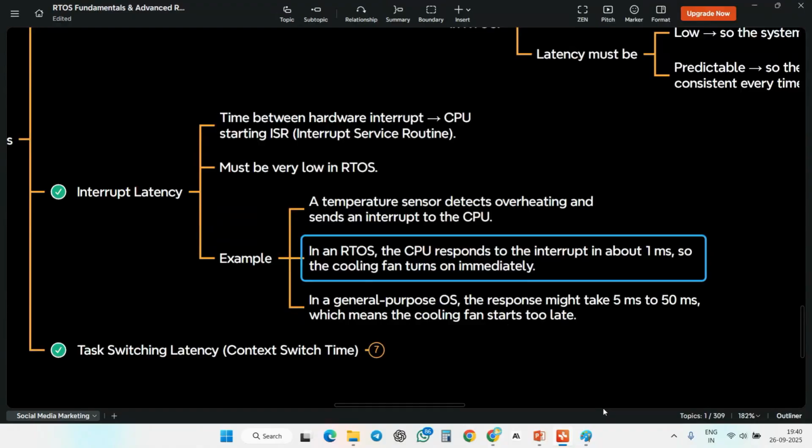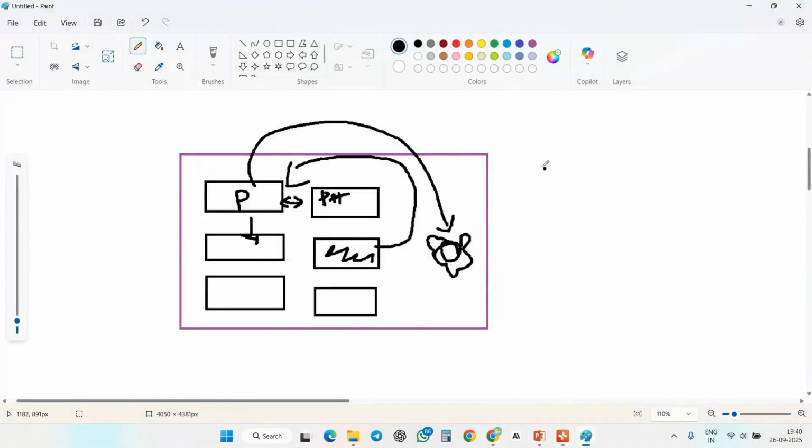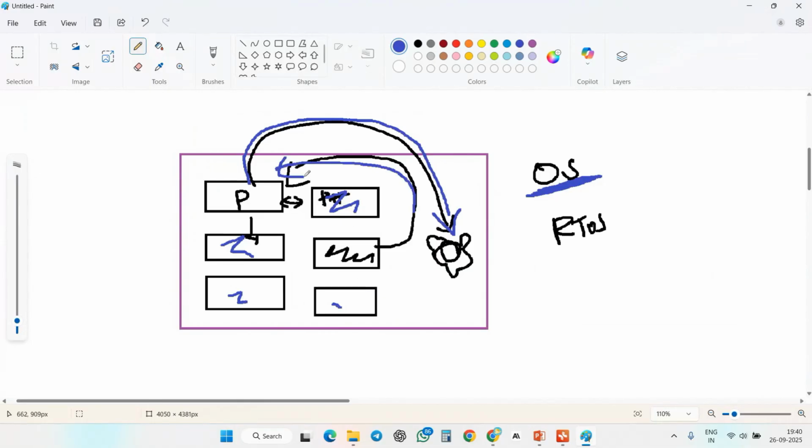Okay. So if you look at a normal operating system and a real-time operating system: in a normal operating system, when you open many applications and try to open heavy-load applications, every component gets heated, so the CPU cooling fan turns on. The reaction time will be 5 to 50 milliseconds.